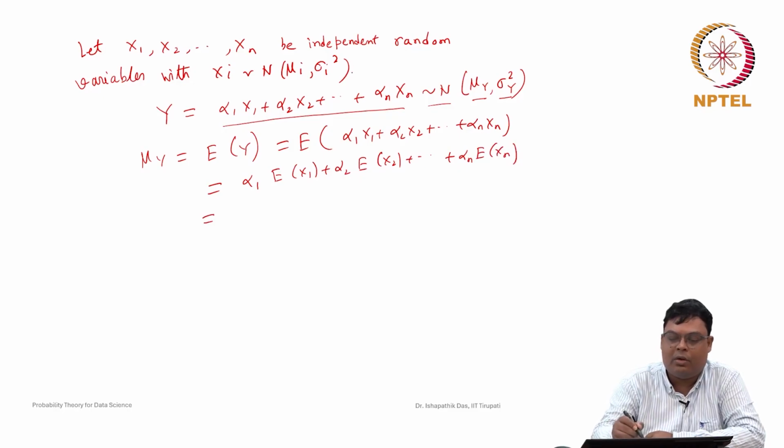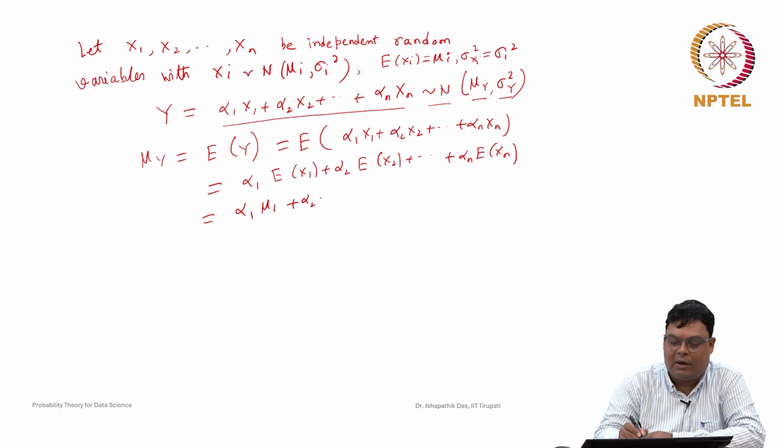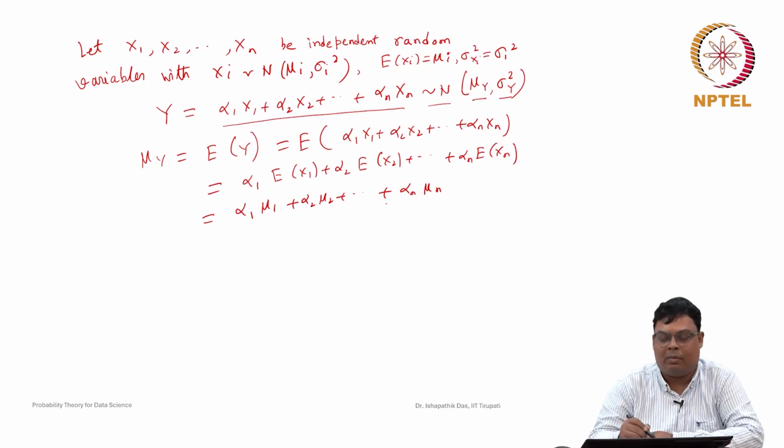We already know the expected value of each xi, because xi is normally distributed with parameters mu i and sigma i square: the expected value of xi is mu i and the variance of xi is sigma i square. So, this is alpha 1 mu 1 plus alpha 2 mu 2 plus ... plus alpha n mu n. This is the mean of this normal distribution.